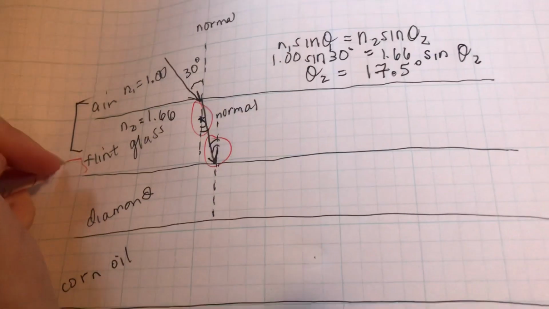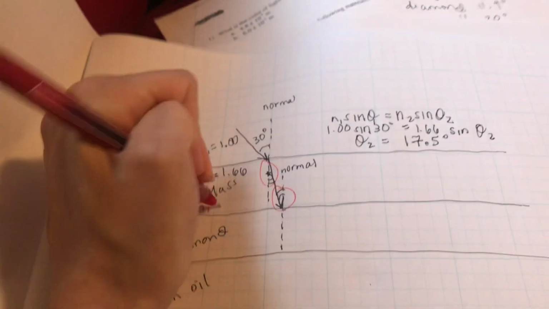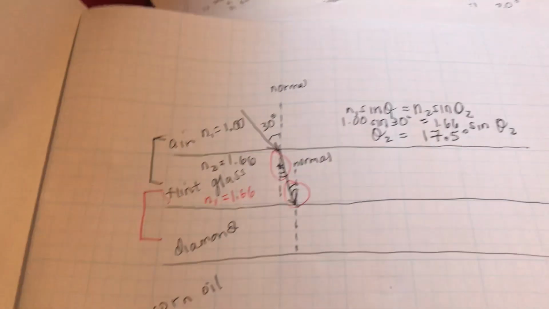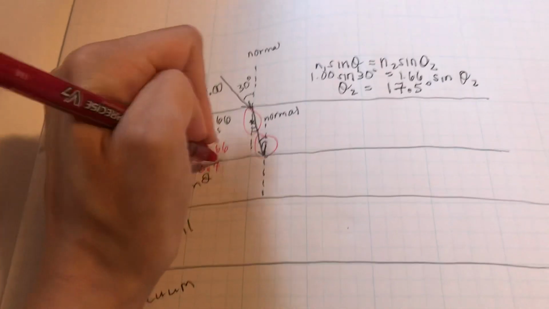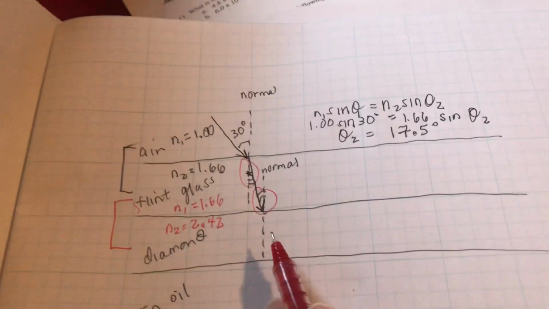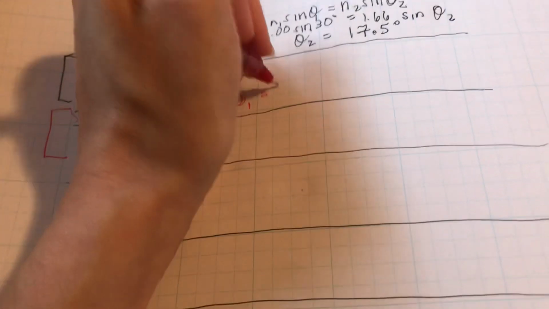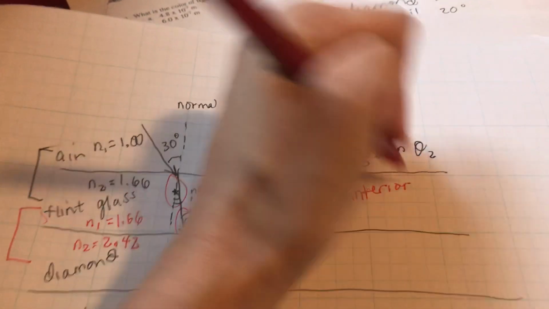Now we're going to move on to our next interface. N1 of the flint glass is still 1.66. N2 of the diamond is 2.42. Once again, we're going to apply Snell's law to find the new angle of refraction relative to the normal. Theta 1 is now 17.5 degrees, alternate interior angles, just making that note so you remember why.